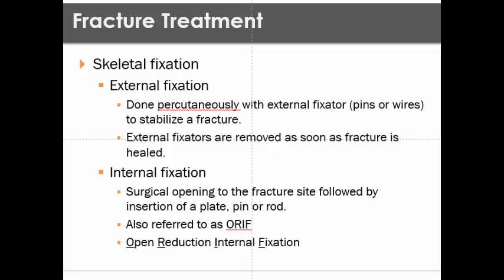You can also have internal fixation, and this is done by surgically opening to the fracture site, followed by insertion of a plate, pin, or rod. Plates, pins, and rods can either be left in, and sometimes if it's bothering the patient, they can be removed. This is also referred to as ORIF, which stands for Open Reduction Internal Fixation.